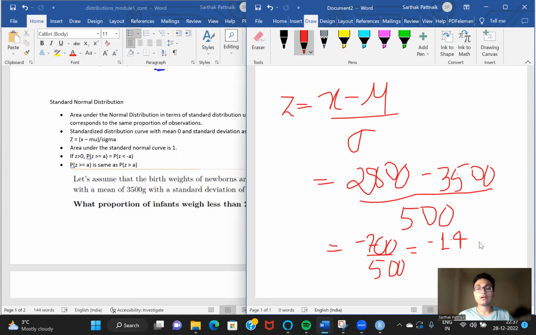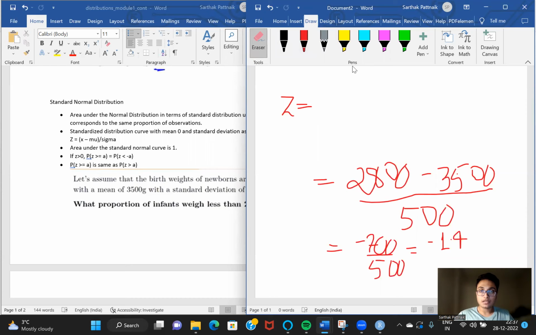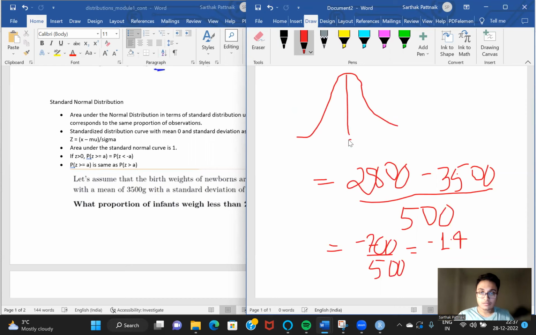So the Z value is coming out to be minus 1.4. I will just erase this upper part. Now in a standard normal curve scenario, this is my 0 point and minus 1.4 will be somewhere here.